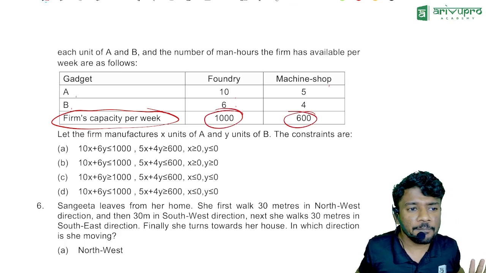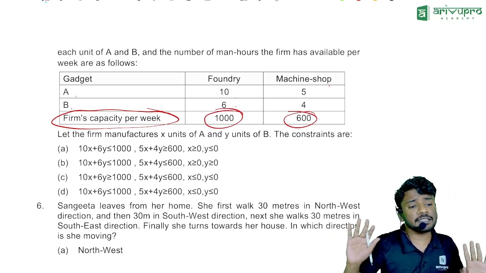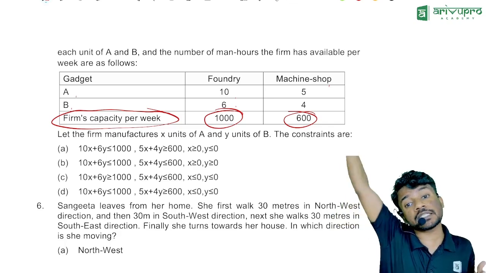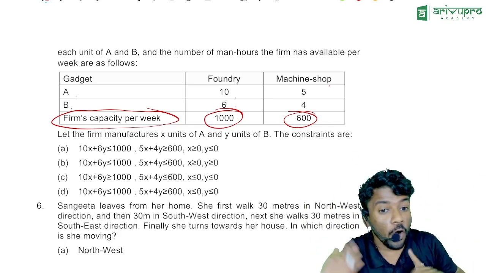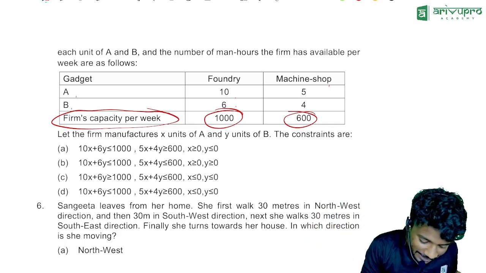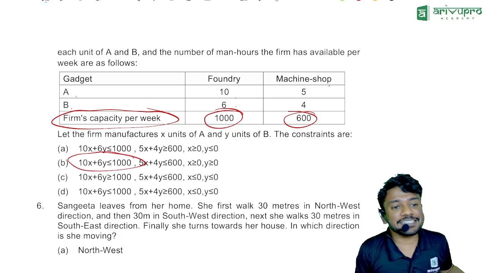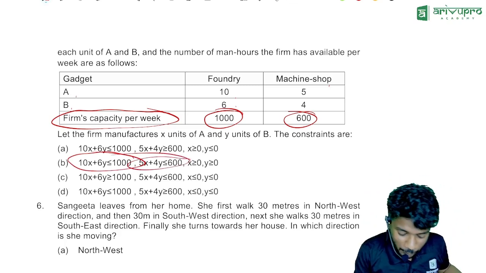So my question: capacity is 1000. Does that mean the capacity will go over 1000? Maximum capacity is always 1000, not more than 1000. So what will be our answer? 10x plus y less than or equal to 1000. 5x plus y less than or equal to 600.